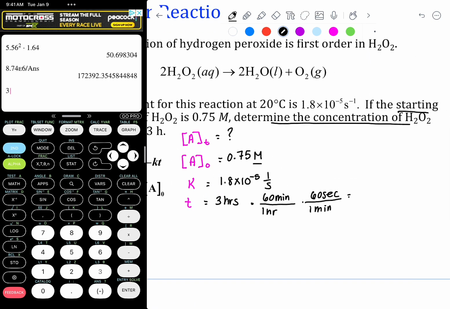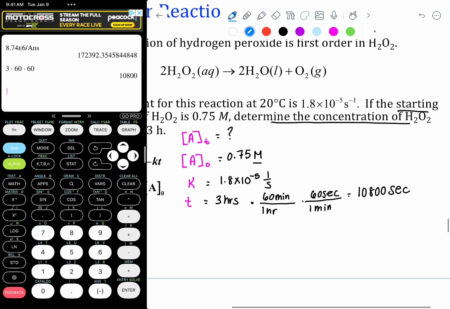So 3 hours times 60 minutes times 60 seconds is equal to 10,800 seconds. Okay, so now that our units are all the same, let's just plug everything into our integrated rate law.